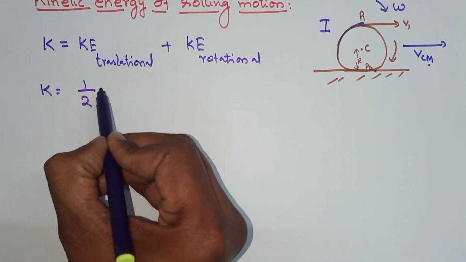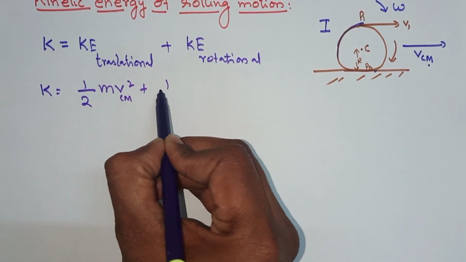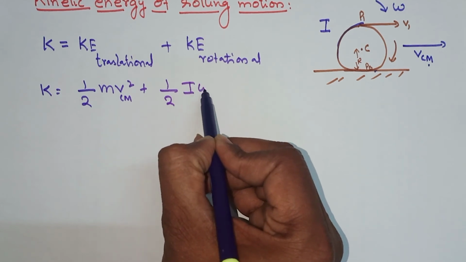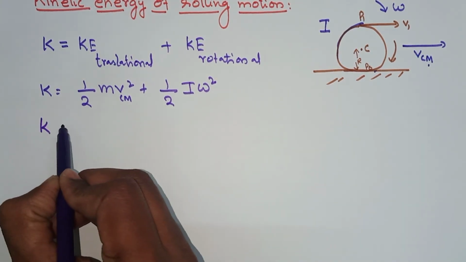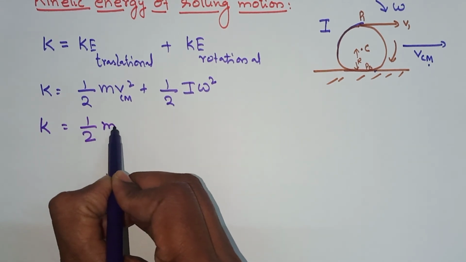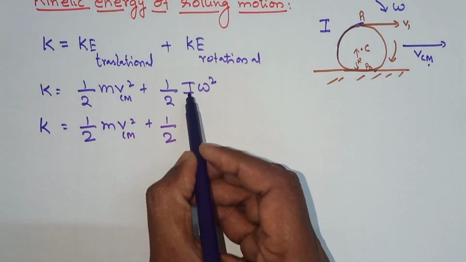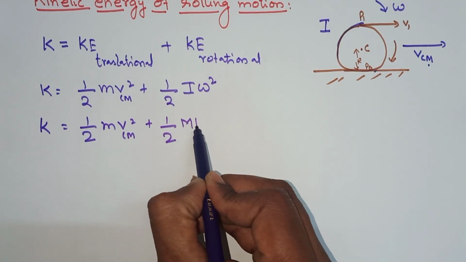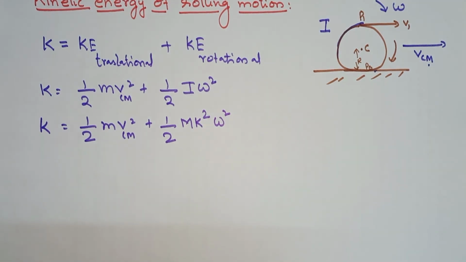Translational, you know very well, half m velocity of center of mass square, plus half I omega square, right? Now how to write this one? Half m vcm square plus, in terms of radius of gyration, a simple formula, half m k square omega square, right?